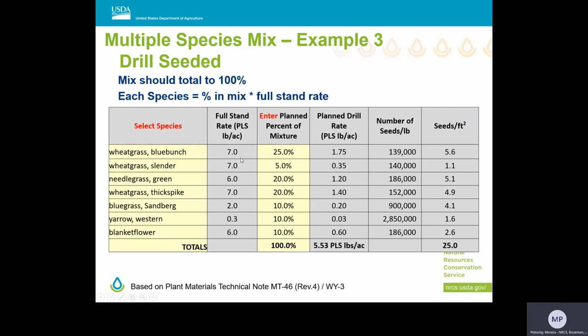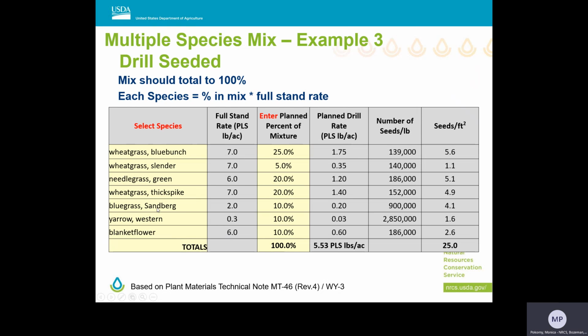And then the calculation we use to determine how much of each species to include in the mix is simply the full stand rate times the percent of the species. So 7 PLS pounds per acre times 0.25. And we know we need to include 1.75 PLS pounds per acre of this species.